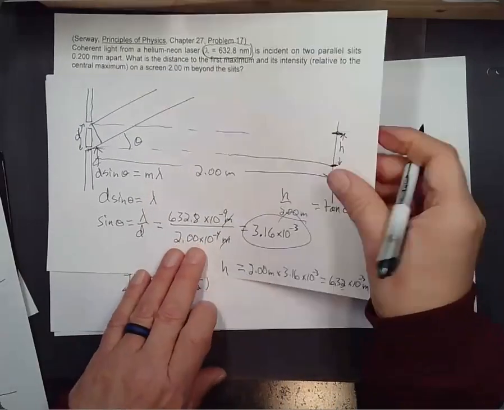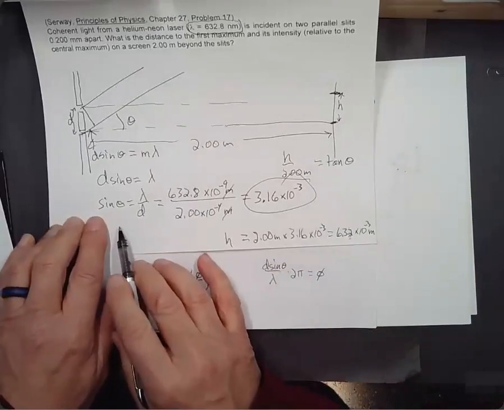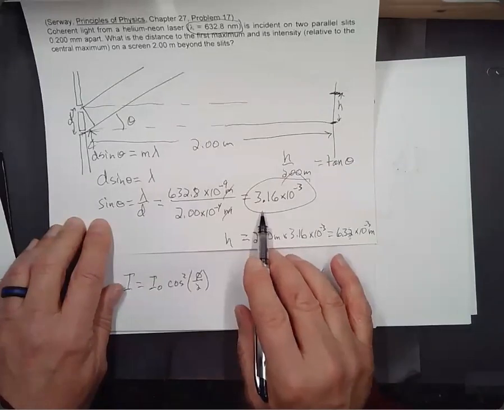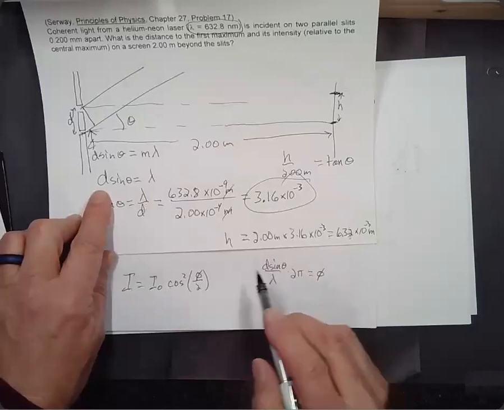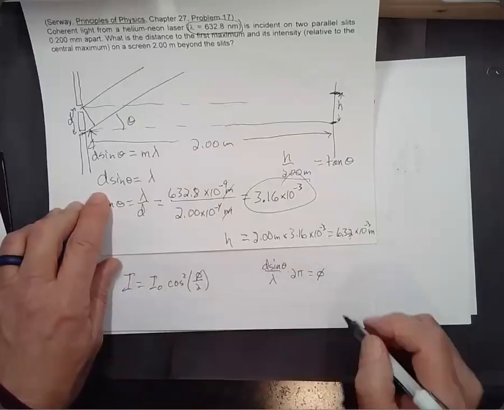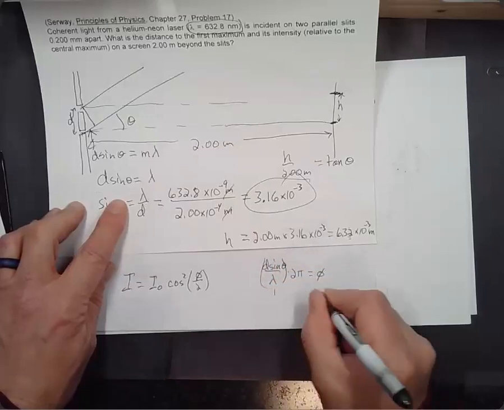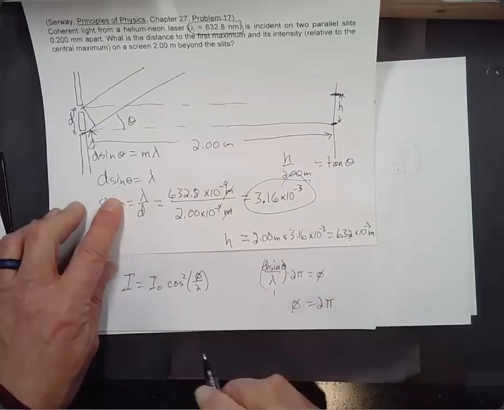And in this case, d sine theta was just equal to lambda. So this part is just 1. So I'm going to have that phi is equal to 2 pi.